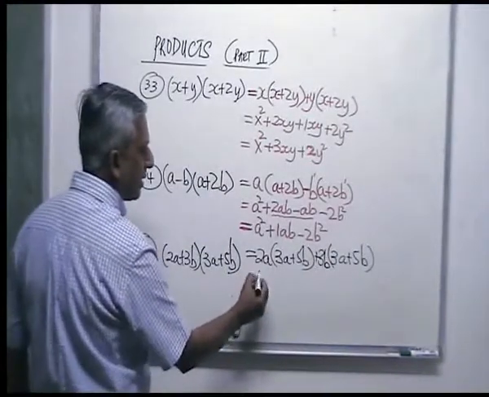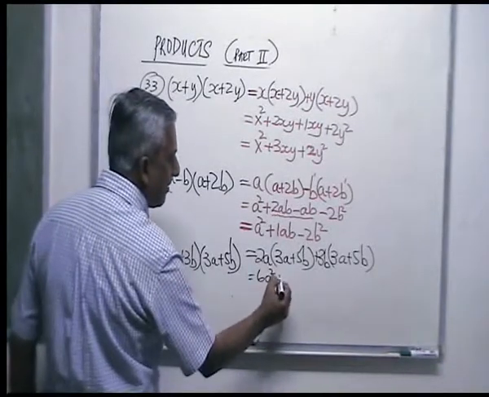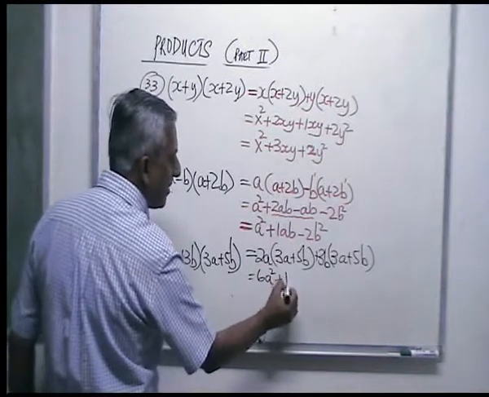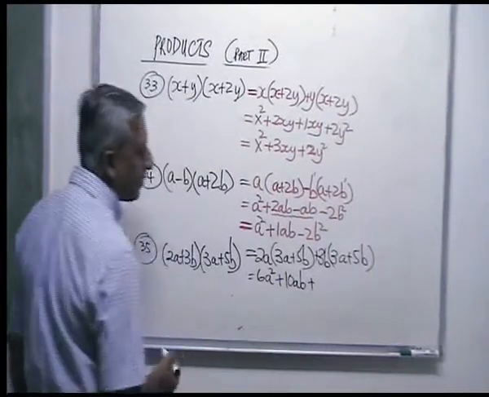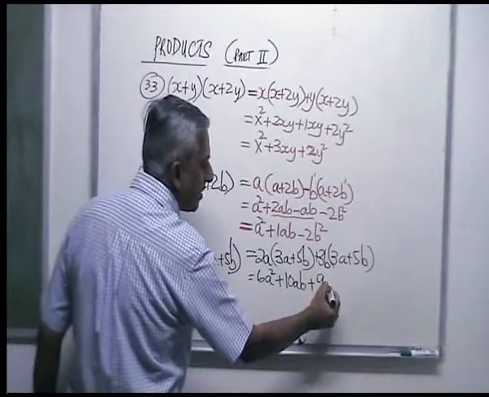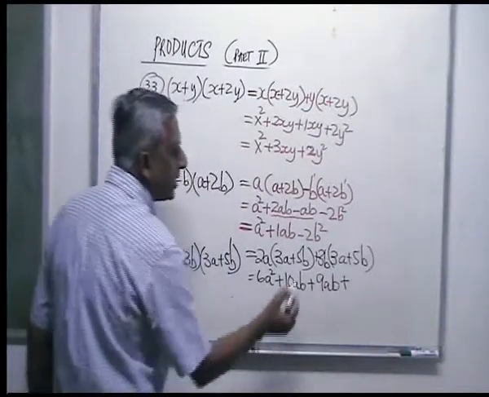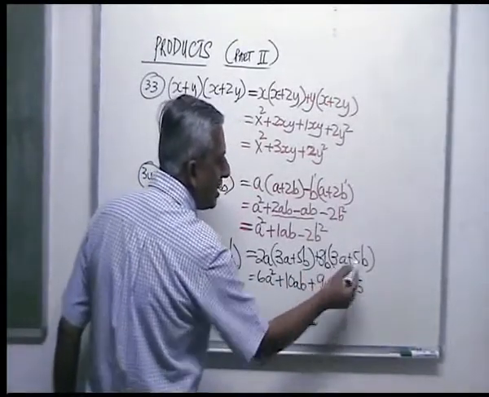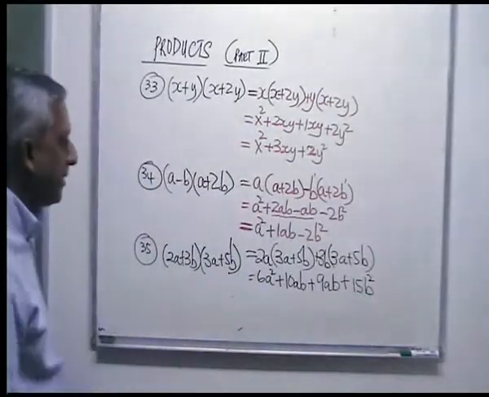And then you multiply. That gives you 2 3s, 6a squared. 2 times 5, well, plus times plus is plus, 2 times 5, 10ab. Plus 3 times 3 gives you 9, a times b gives you ab. Plus 3 times 5 gives you 15. B times b gives you b squared.